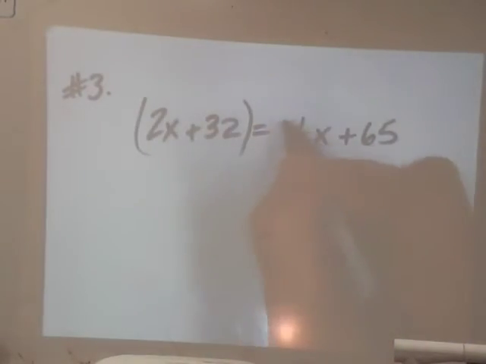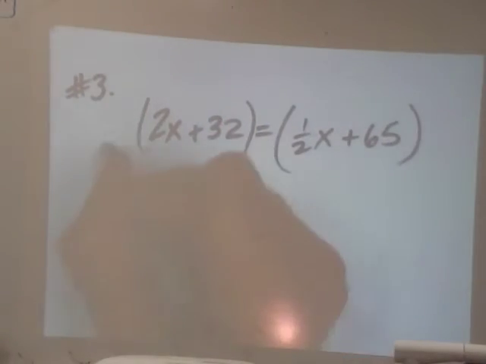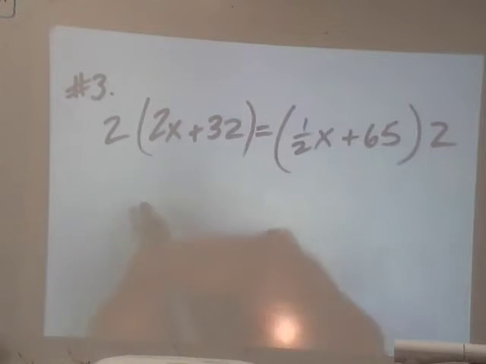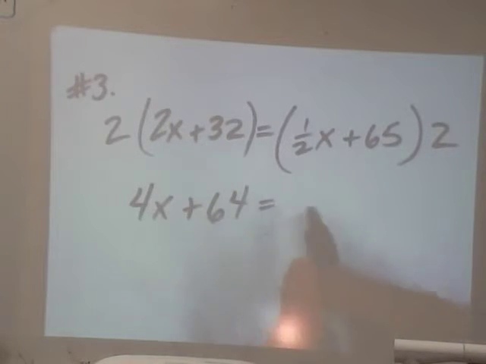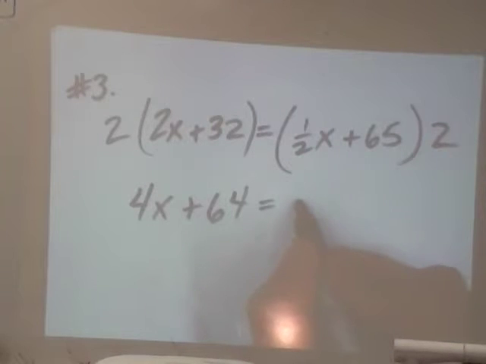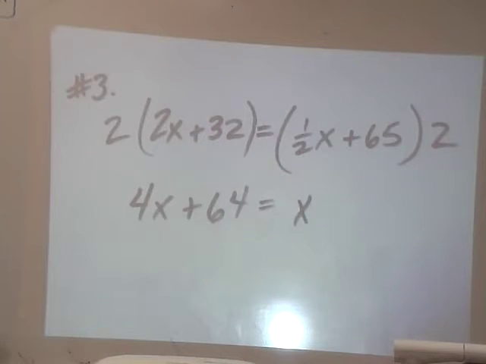Multiply both sides by that denominator. So we end up with 4x plus 64 equals, what's half of 2? 1. So it's just 1x. See how that works? Plus 130.